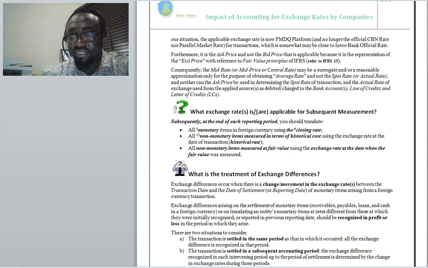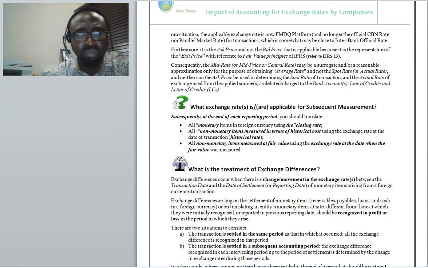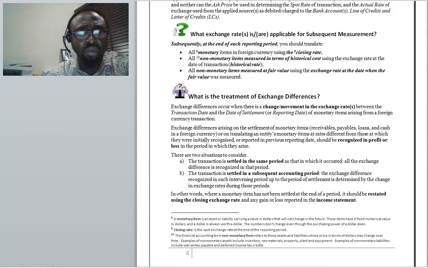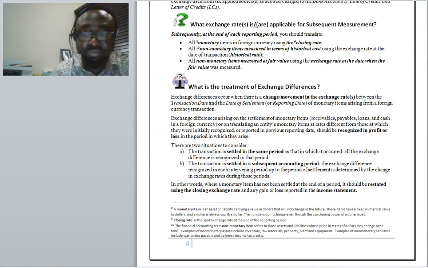How do we treat exchange differences? Or simply put, what can we consider to be an exchange difference? Exchange difference emanates from the movement or the fluctuations between the value to which Naira exchanged to dollar yesterday as compared to today.